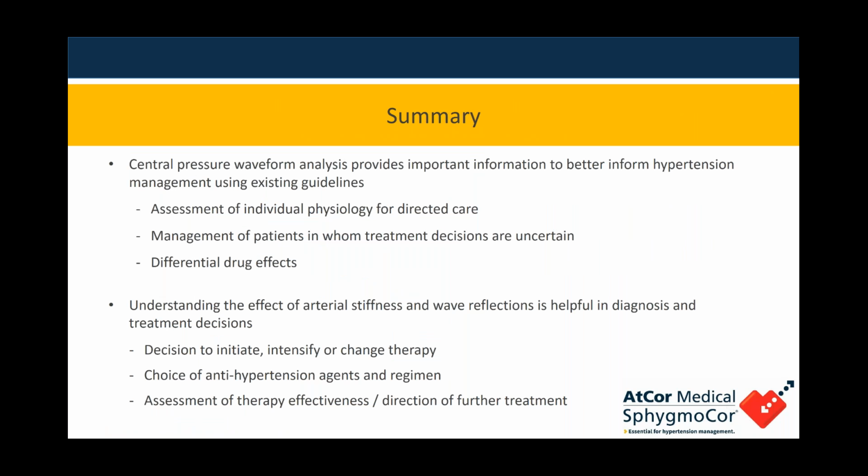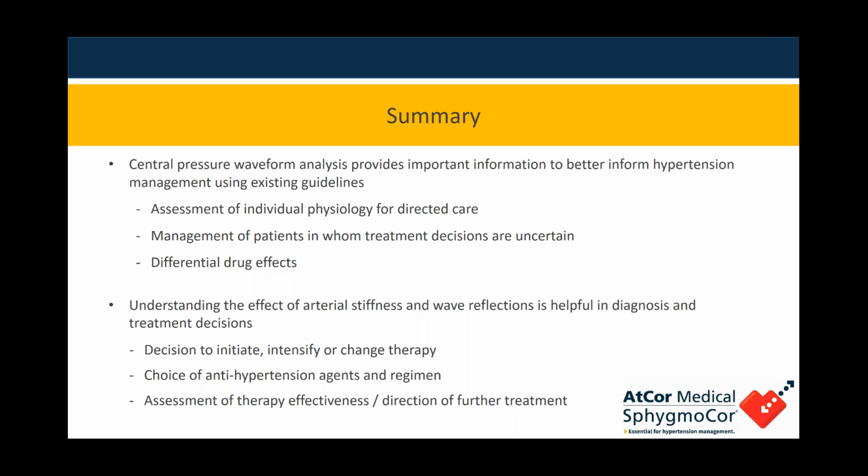So in summary, as we've seen, there is a wealth of data and science supporting the fact that central pressure waveform analysis gives you important information to better inform hypertension management using existing guidelines, and assessing individual patient physiology for directed care is very important, and central blood pressure is a far more physiologically relevant parameter than brachial blood pressure is.